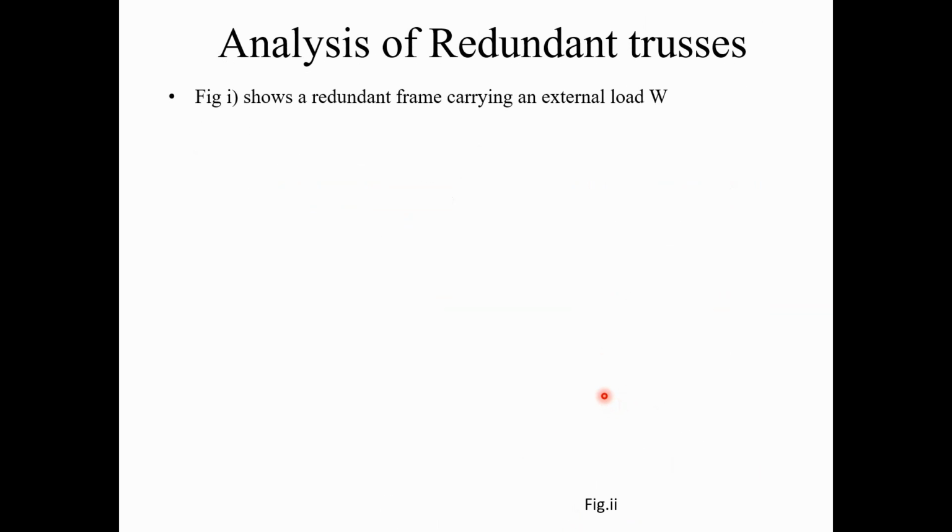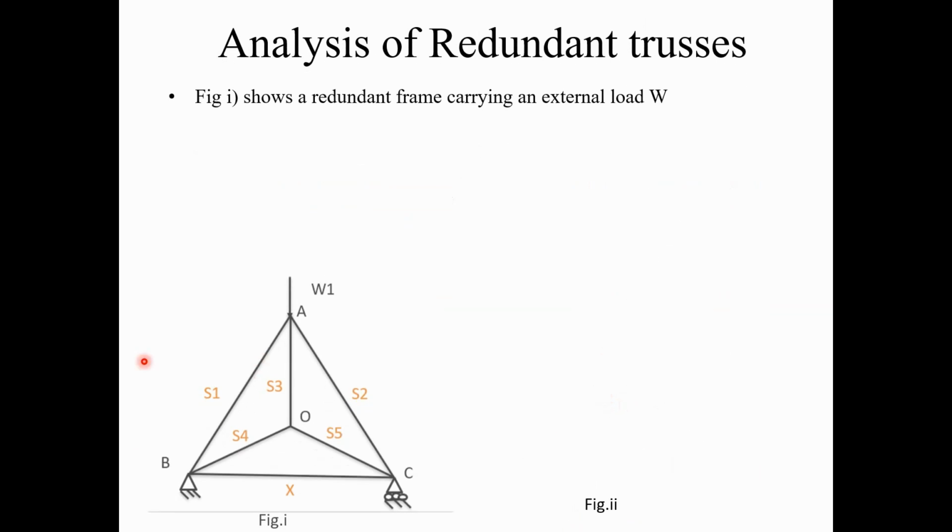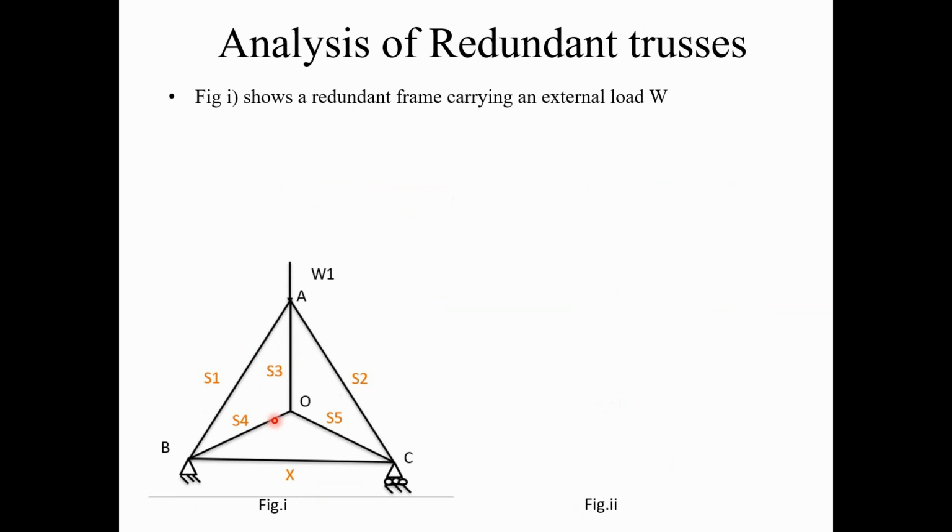The first figure shows the redundant frame carrying an external load W. Here that frame is the redundant truss, which is supported on a hinge support at B and a roller support at C and subjected to the point load W1 at A. If you see the determinacy, this truss is determinate externally, because the number of unknowns in this truss is 3, meaning 2 at the hinge support and 1 at the roller support.